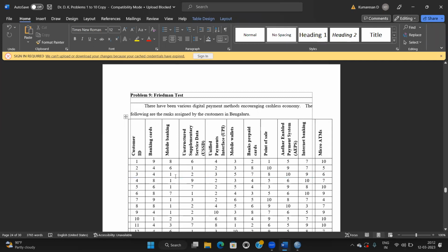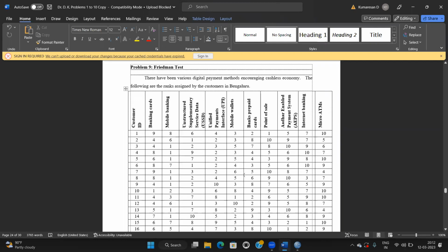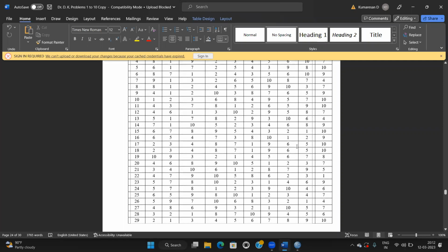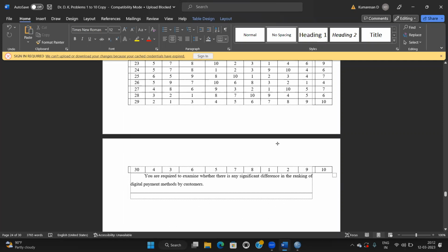The third one said mobile banking is the first one. The fourth one also ranked mobile banking first. The fifth one also ranked mobile banking first. The sixth one ranked USSD first. The seventh, eighth and ninth again mobile banking. Like that, the ranks are assigned. There are 30 customers.